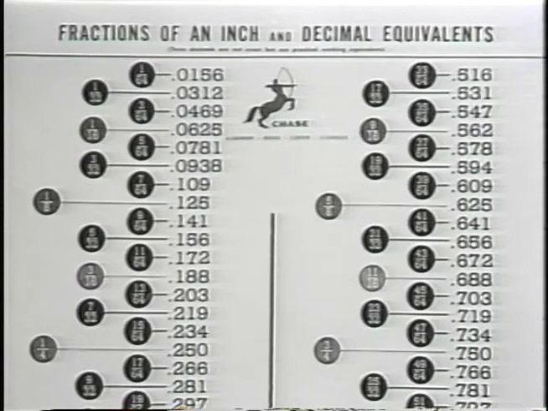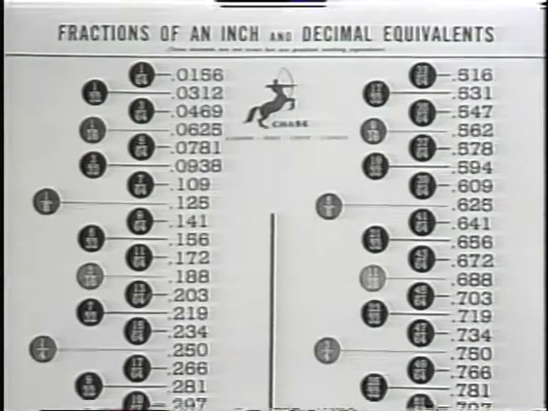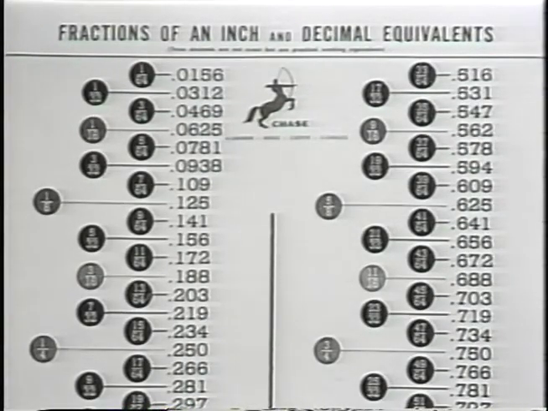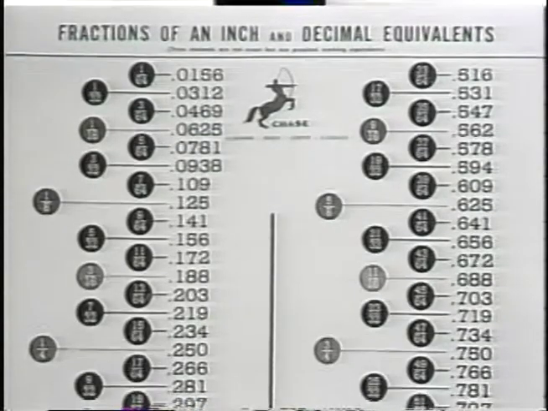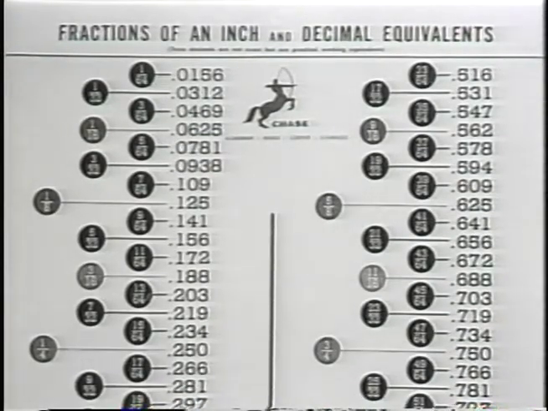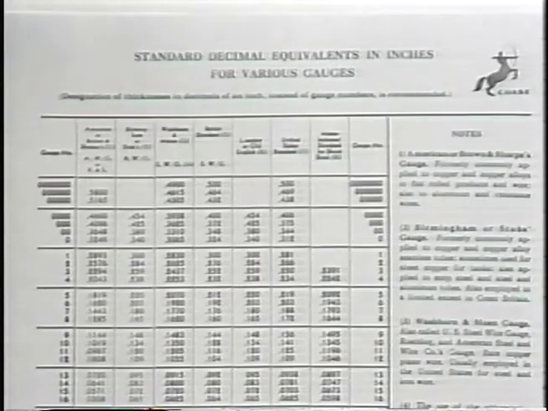Again, there's a supplier's name on the bottom that I received this from, and all it takes is a telephone call or maybe talking to a salesperson that is a representative of one of your suppliers, and they will be very happy to provide you with programming part number aids. Now, in this particular example here, we have standard decimal equivalent in inches for various gauges.